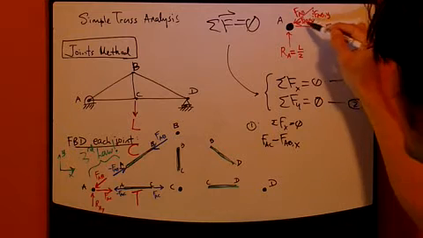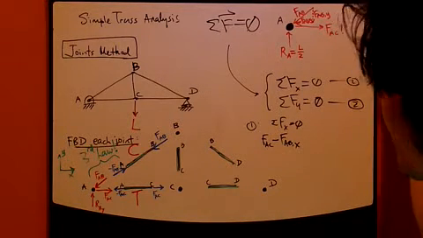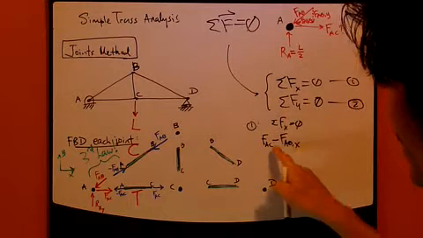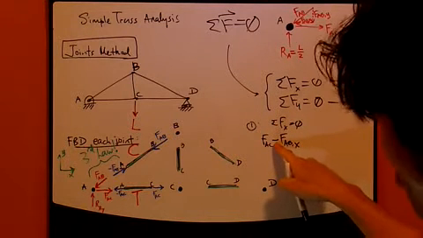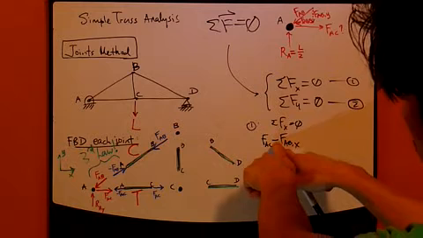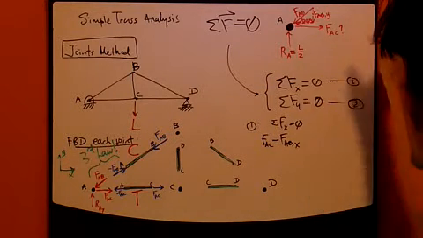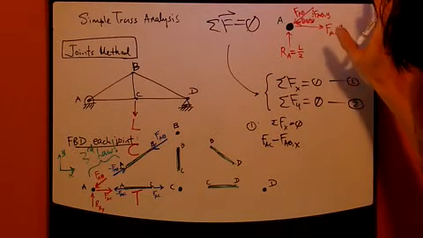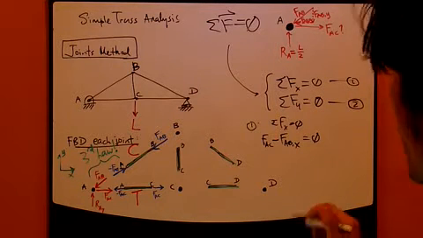This guy right there, going to the left in the x direction. Since it points in the negative x direction, I right away build that negative value here. And that's it. There's no other x forces. Equals 0.